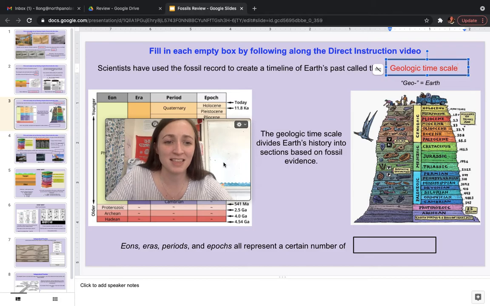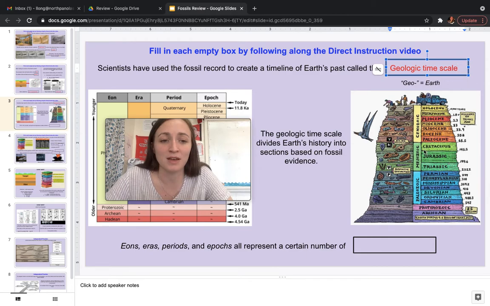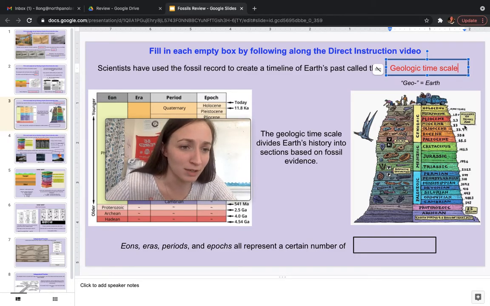So we use fossils to actually divide up different periods of time. I think the easiest thing to think about is, I'm sure most of us have heard of Jurassic Park, right? That's when all the dinosaurs come to life. So it's called Jurassic because all of the dinosaurs were really alive during the Jurassic time period. So when we see dinosaur bones, we know we're talking about the Jurassic time period, which if you look at this scale, it goes down in millions of years.